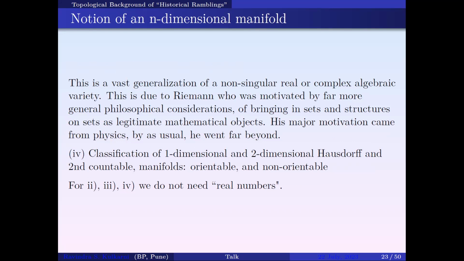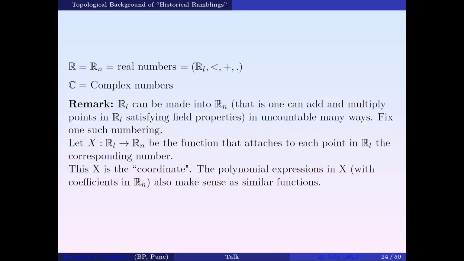Fix one such numbering, and let capital X be the function from the real line to real numbers that attaches to each point the corresponding number. This is the coordinate. Polynomial expressions in X with coefficients in R also make good sense. And even rational functions make sense after taking away some finite number of points.